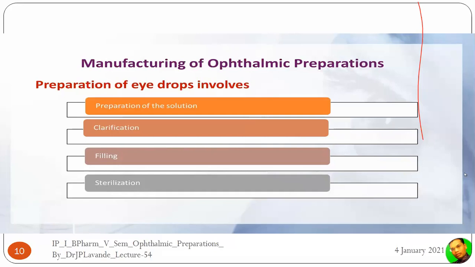Once we have added this into the container, we have to go for sterilization. So there is a terminal sterilization, right? What is terminal sterilization? That is the process of sterilizing at the end, after the preparation and addition into its container, right? So all these are the 4 different steps by which we have to prepare the eye drops, right?